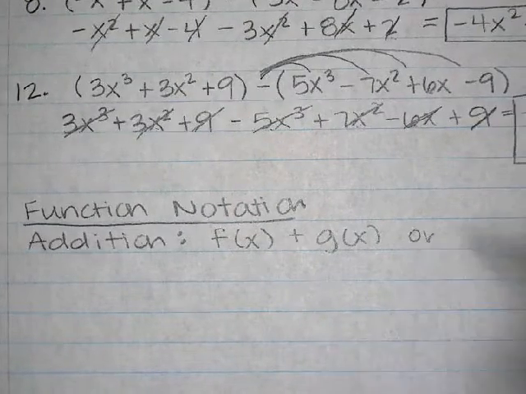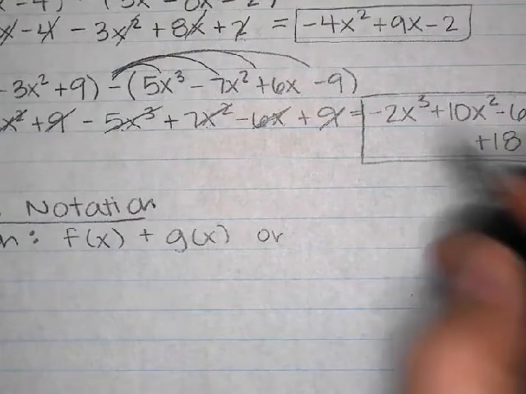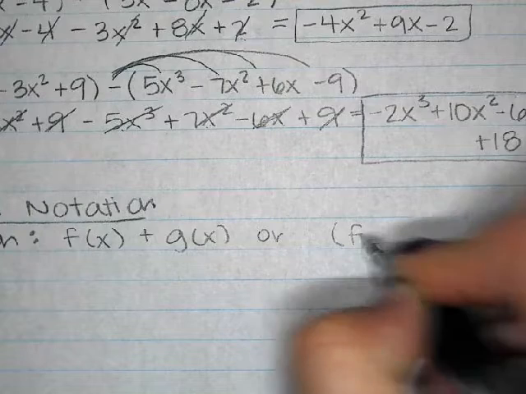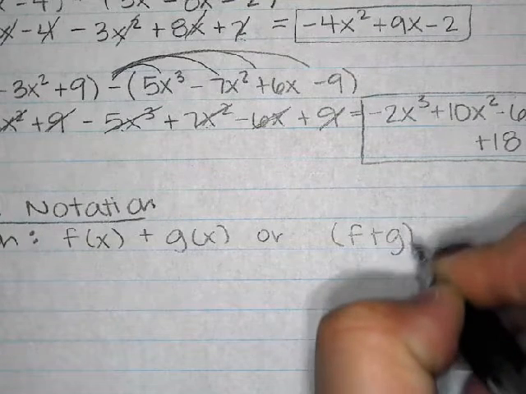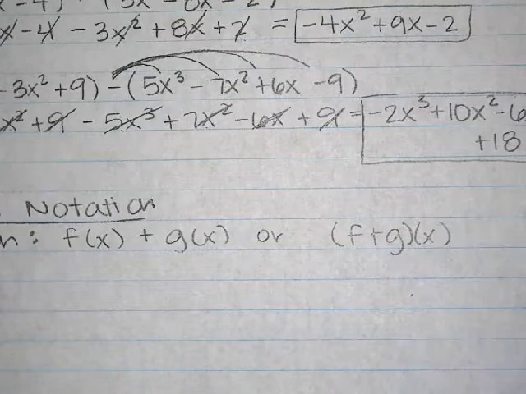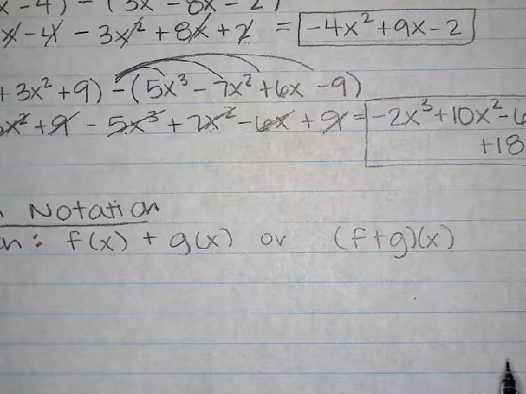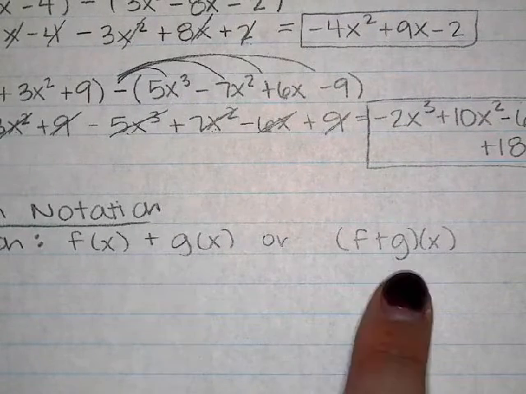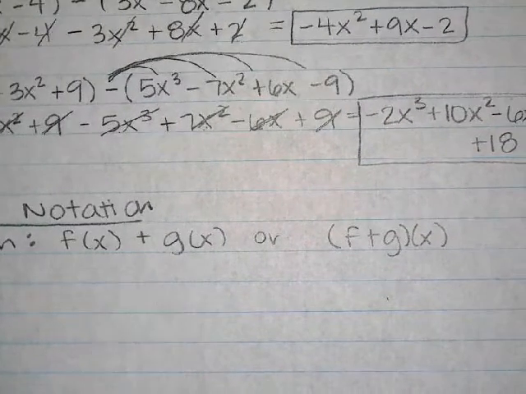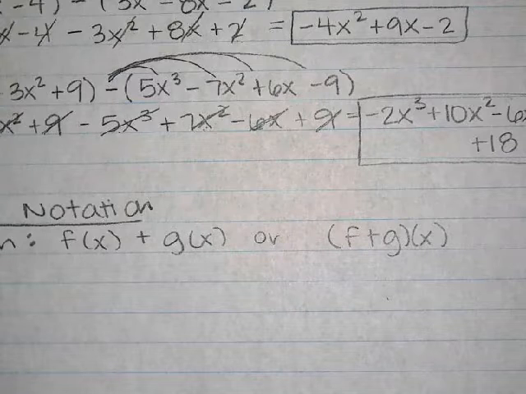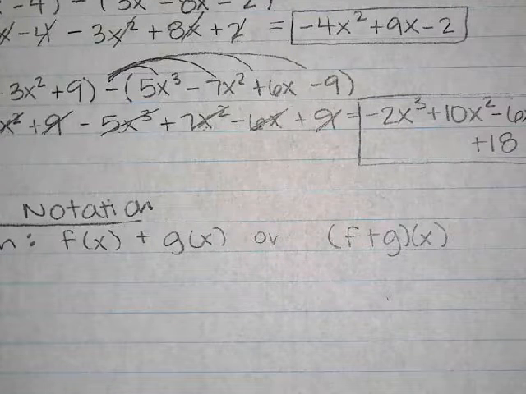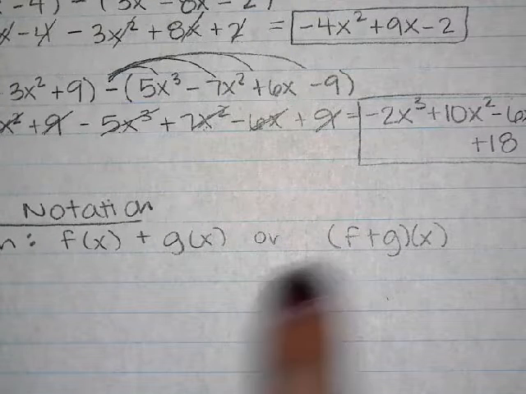Or they came up with a shorthand. It's not really a shorthand in my opinion, but they do it anyway. They say f plus g of x. All that does is make it so you only have to write the x one time instead of twice. So these two things mean the same thing. It just means you're taking whatever f of x is and whatever g of x is and adding them together. It's just two different ways of writing the same thing. It's just function notation. Okay?